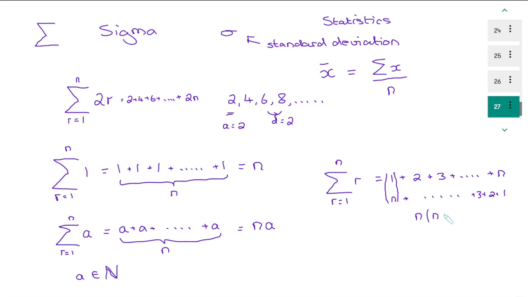If I match each pair up, this is going to be twice as much as I want, because I've written it out backwards as well. So my answer is half of n times n plus 1. This should be pretty familiar to you, even from GCSE, how to sum the first n numbers.